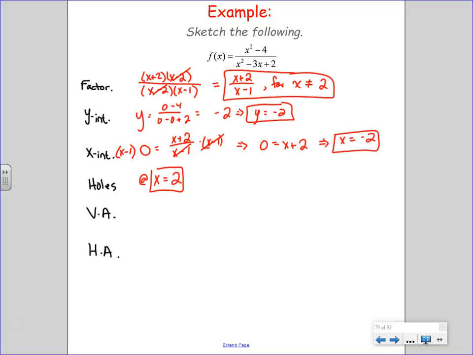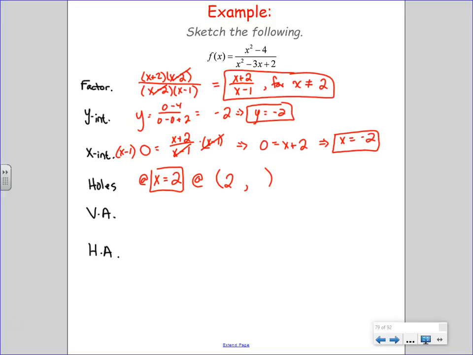Wait. Do we know more than this? Could we actually figure out exactly where it is? Plug it in here? Uh-oh, that's 0 over 0. It can't equal 2, so I can't plug it in there.